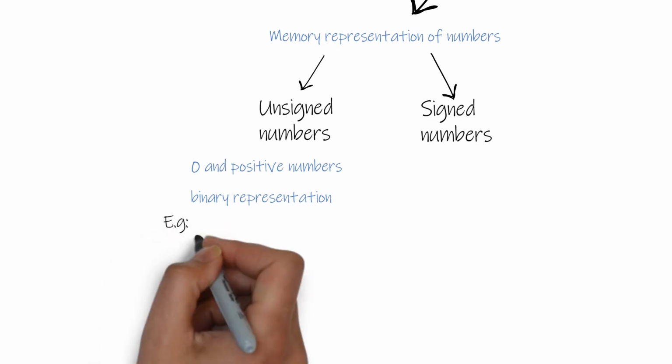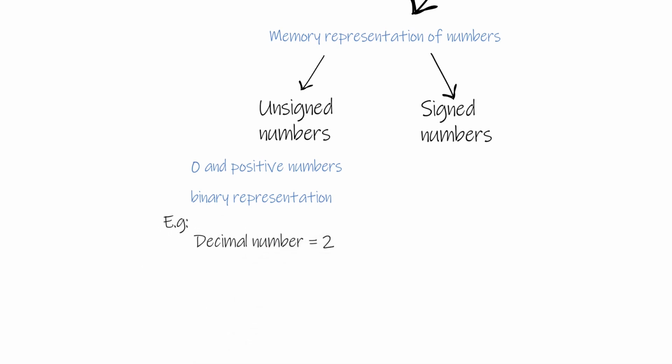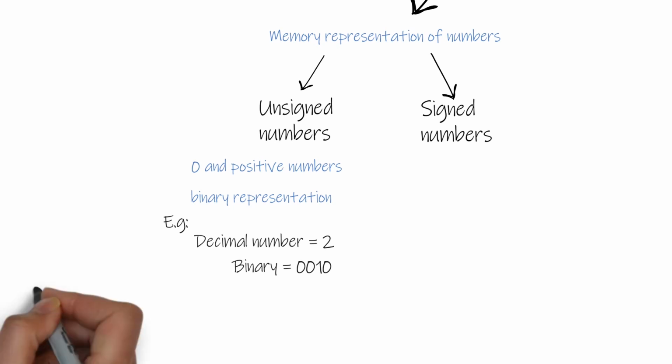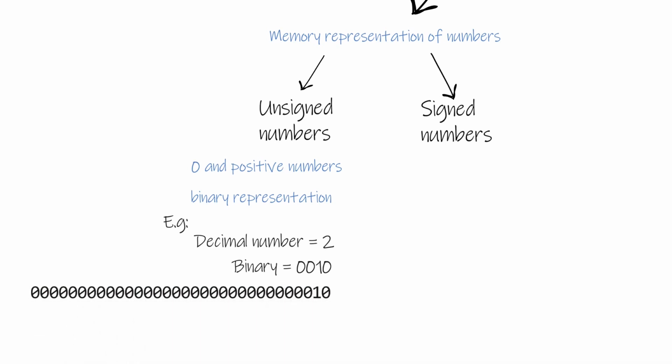For example, decimal number 2 is represented as 0010 as a 4-bit binary number. So if you had a 32-bit computer, the decimal number 2 would be represented as 10 prefixed by 30 zeros.